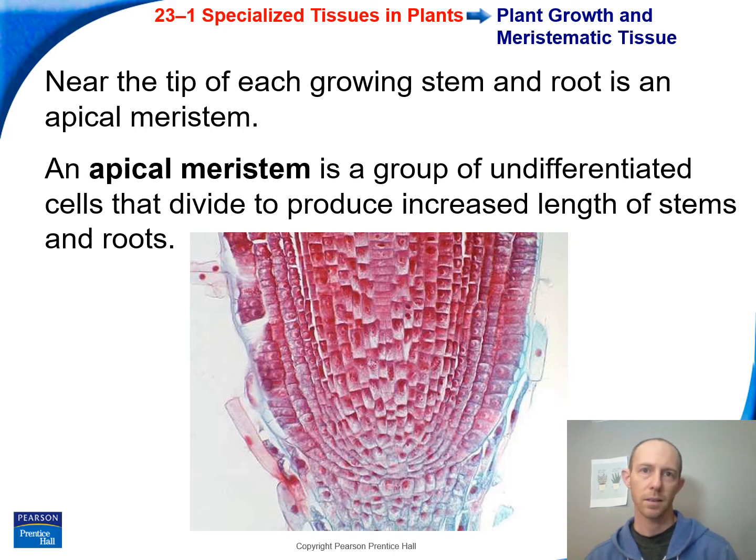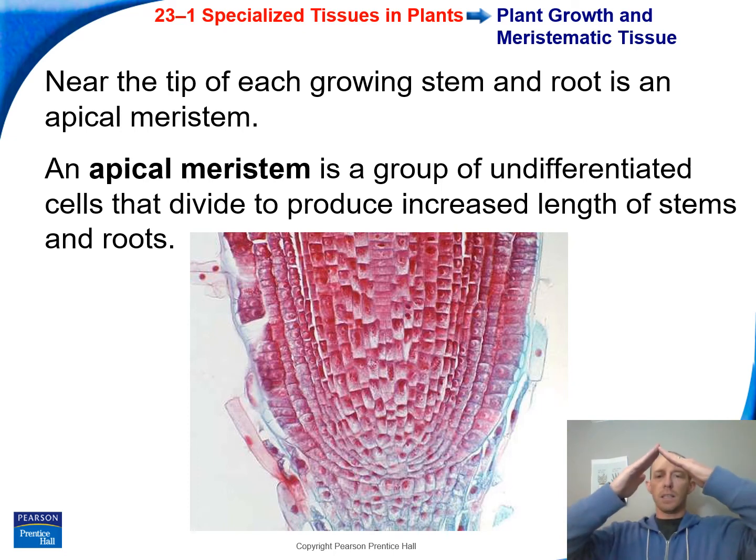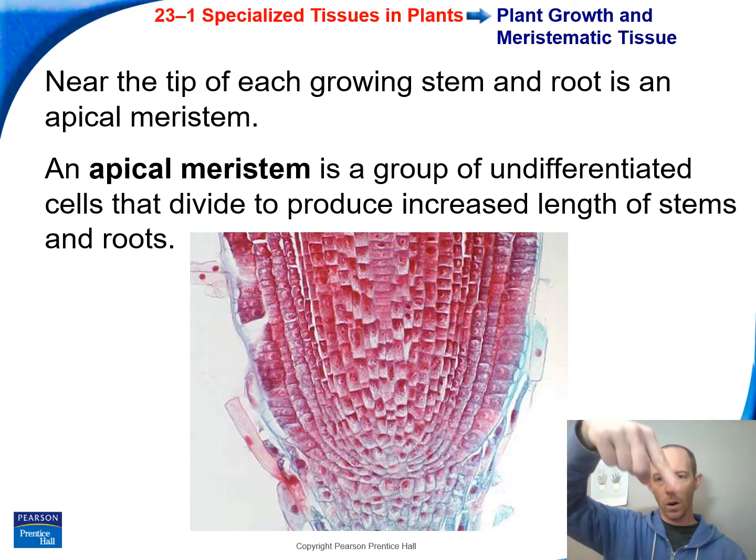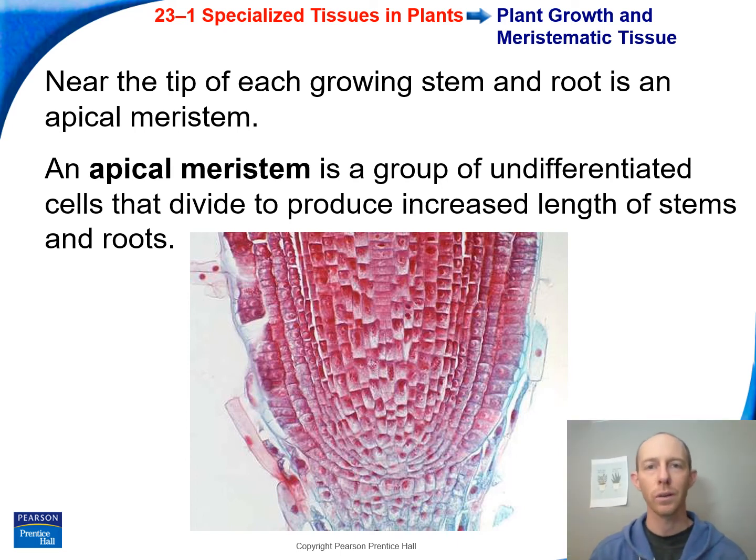It means apex. You've heard an apex predator, the top of a food chain? It's the top, it's the end, it's the point. So maybe it's the end of a stem growing outwards. Maybe it's the end of a root growing downwards through the soil, but that's the apical meristem. And it's pronounced apical meristem.